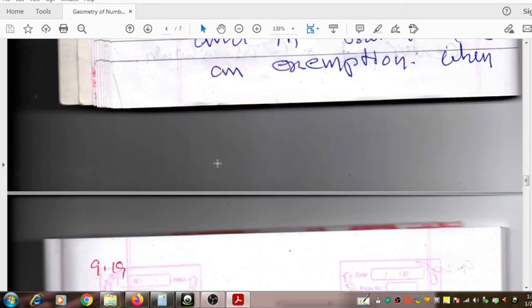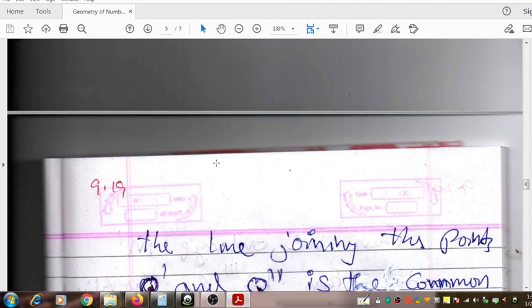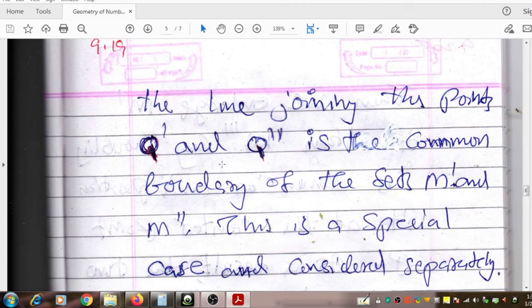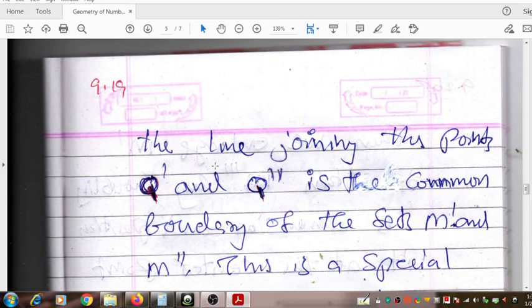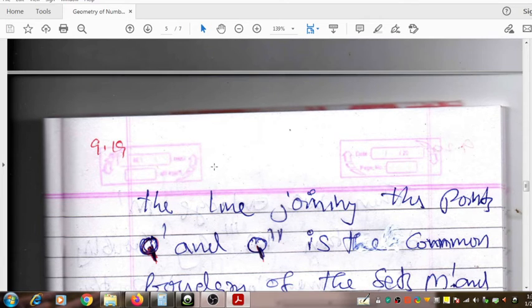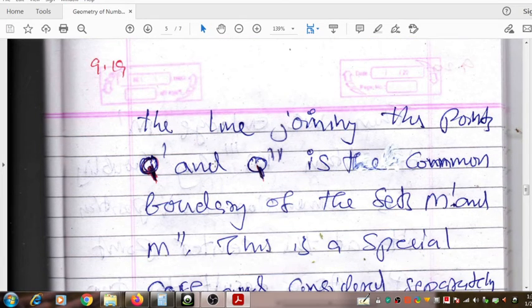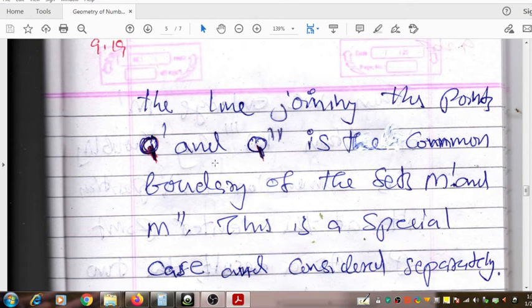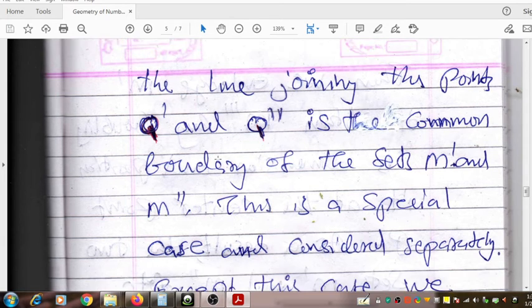But a special case is there, which requires special treatment. That is when the line joining Q prime and Q double prime is part of the common boundary of the sets M prime and M double prime.